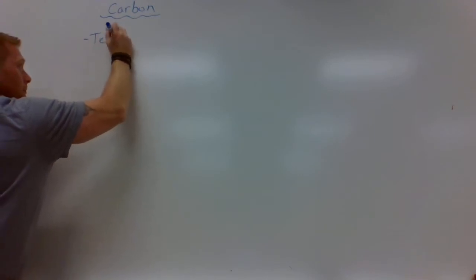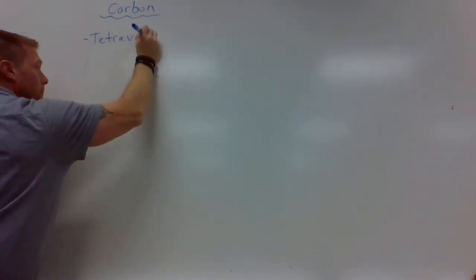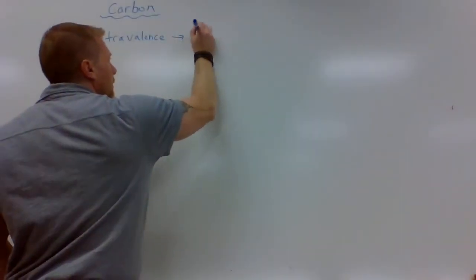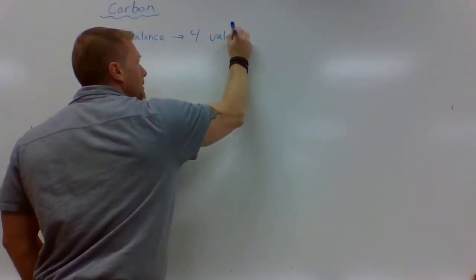So first thing, carbon. The most important term for you to link with carbon is going to be tetravalence. For carbon to have tetravalence, what that means is that carbon contains 4 valence electrons.